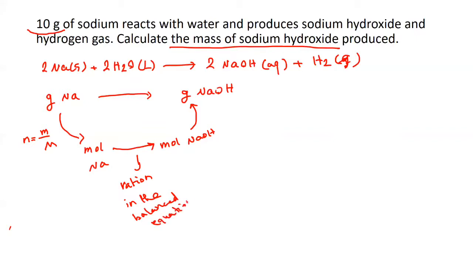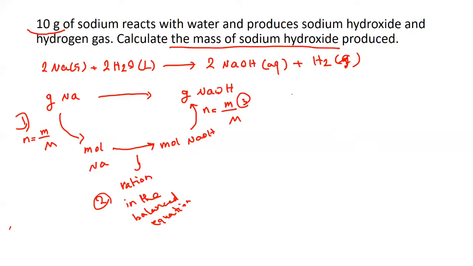Right after that, I have moles of NaOH and I want grams of NaOH, the same substance. Because it's the same substance, I can use this formula. So I need to go step by step.